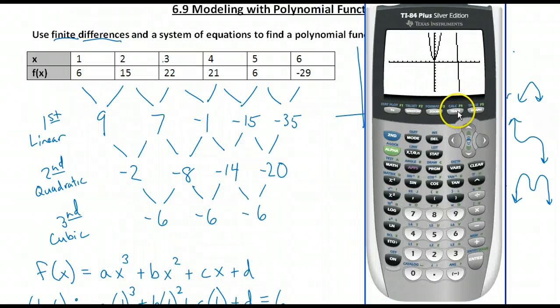I can hit the trace button, and when x is 1, I should get an output of 6. When x is 2, I should get 15. When x is 3, 22. When x is 4, 21. 5, 6, and 6, negative 29.